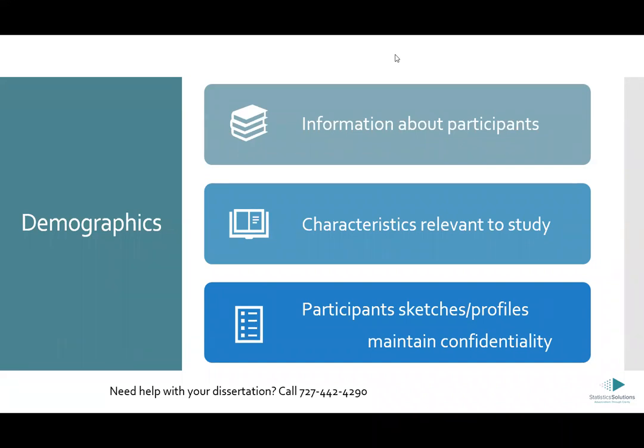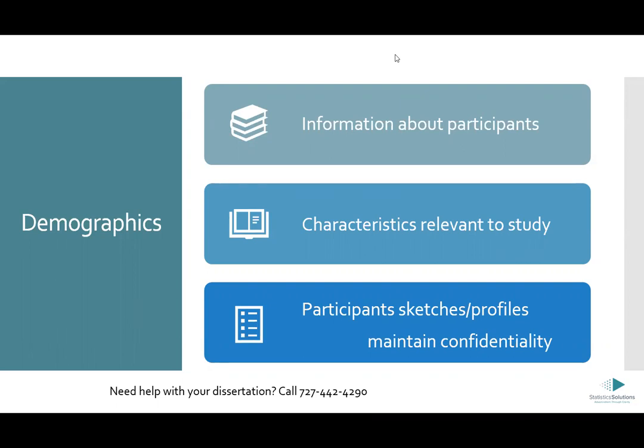So here you might describe the distribution of some characteristics related to those really key variables. You may say the average age of the women who participated in your study. Maybe you can say how long ago they gave birth to understand how recent the experience that they're describing is.